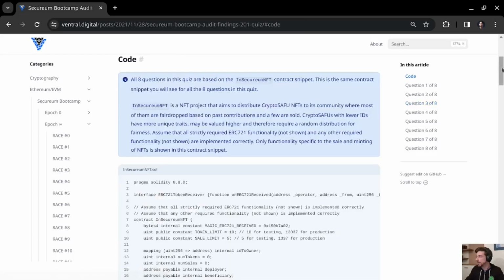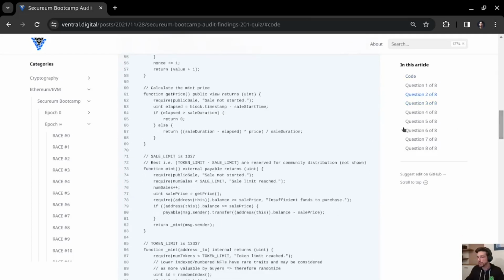So now for the last one, we have to look at the last part here, which is if all of these blocks haven't passed yet, then else. And then we see here that we have elapsed, and we know elapsed always keeps getting larger because it represents the seconds that have passed since the sale has started. Therefore, this gets larger. We have here sale duration, which we know is a constant.